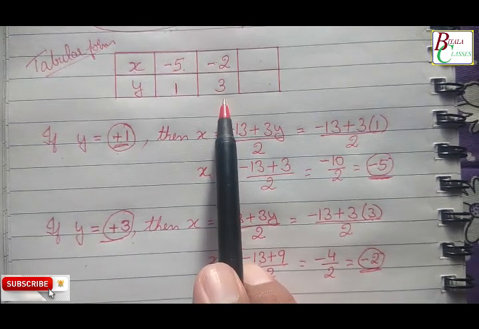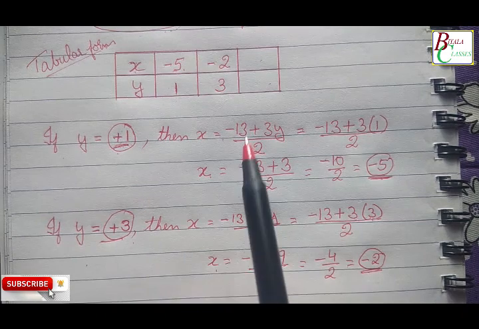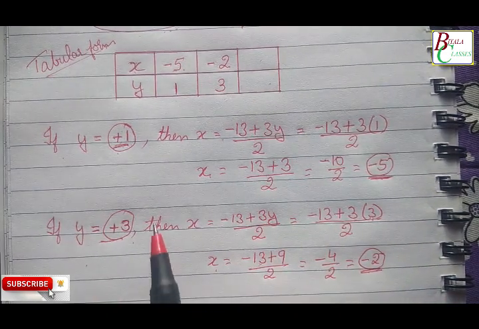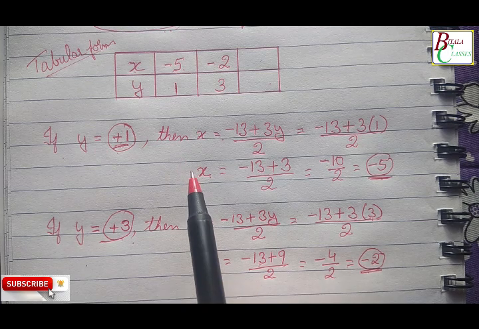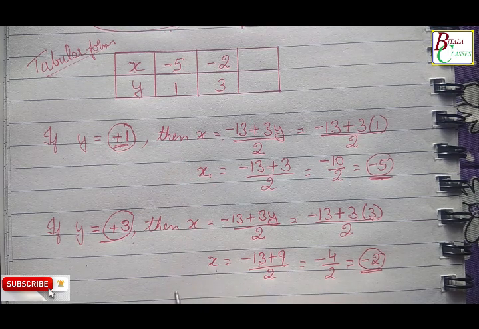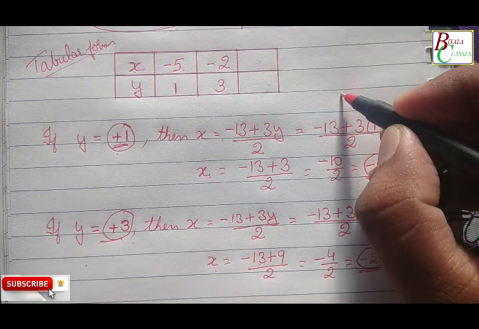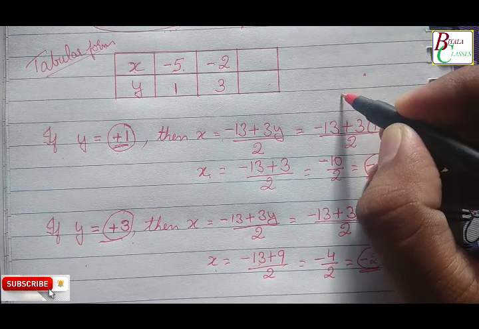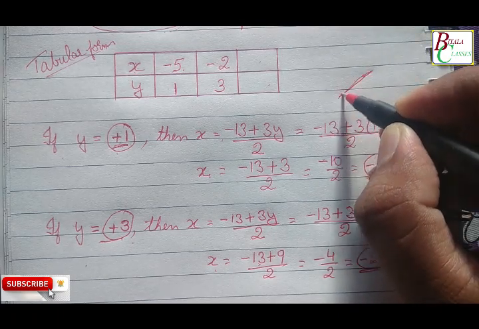With 2 you can do it, but we are going to find out 3 solutions. Reason being, for a linear equation, when we draw the graph, we always get a straight line. And you very well know that if there are only 2 points, wherever it is, you will always get a straight line.